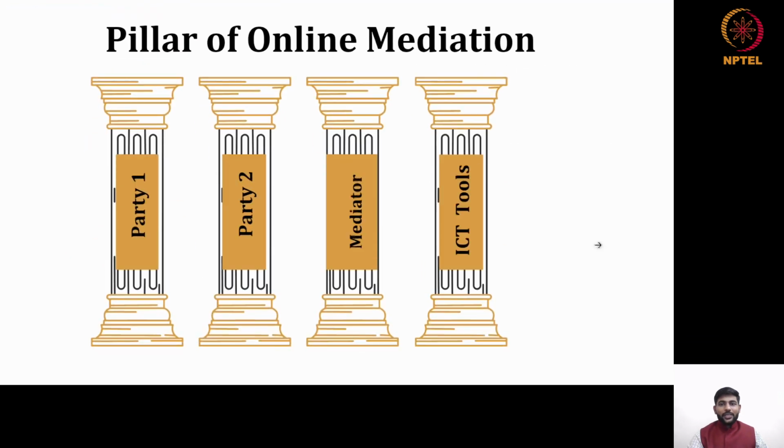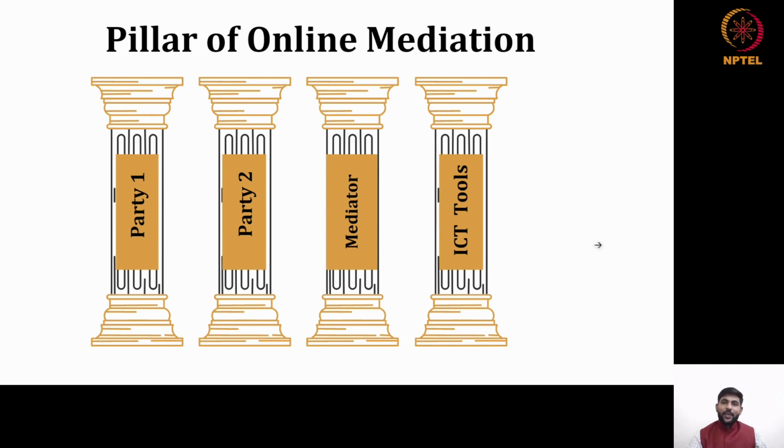Basically, information and communication tools will be the fourth pillar of online mediation. Usually, whenever we have a dispute, there will be two necessary parties and a neutral third party who assists the parties to resolve the dispute.